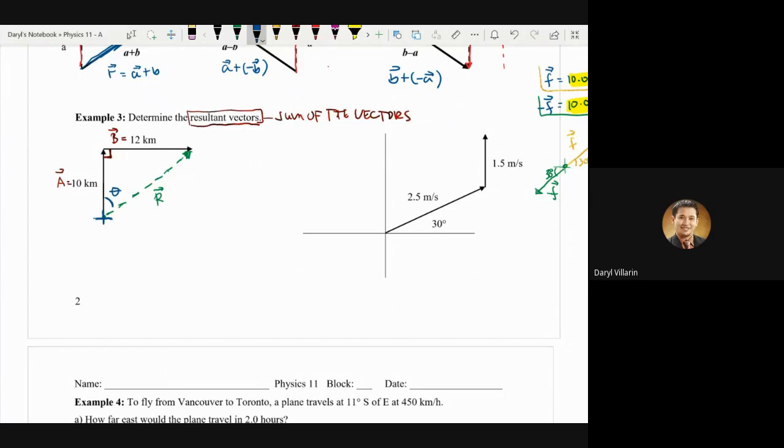Okay. So how would you solve for the magnitude of R? If you can see here, vector A and vector B are just 90 degrees with each other.